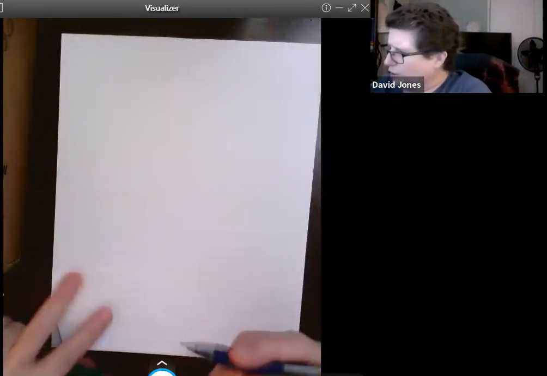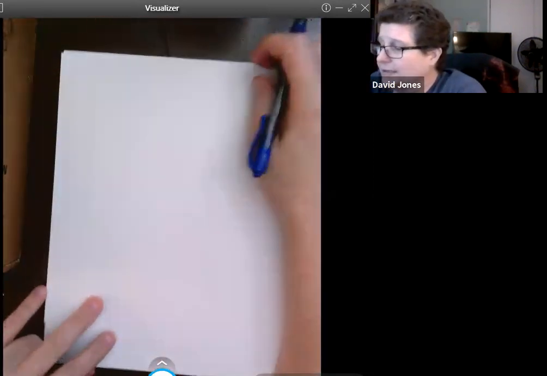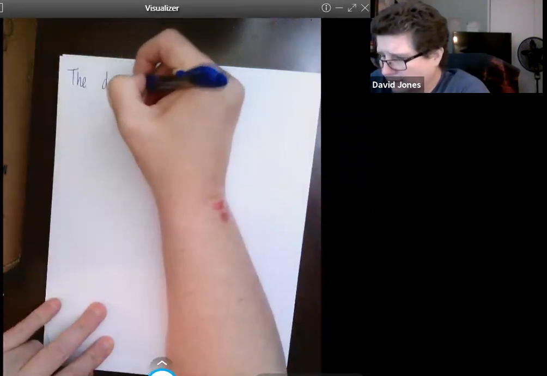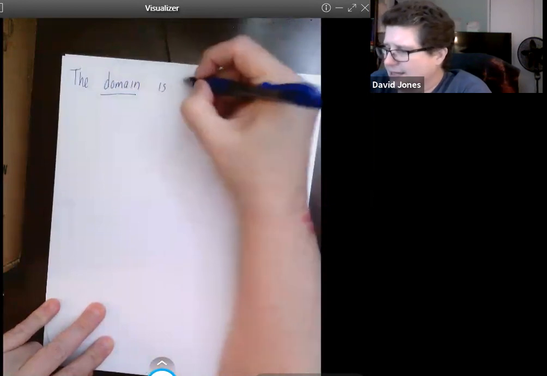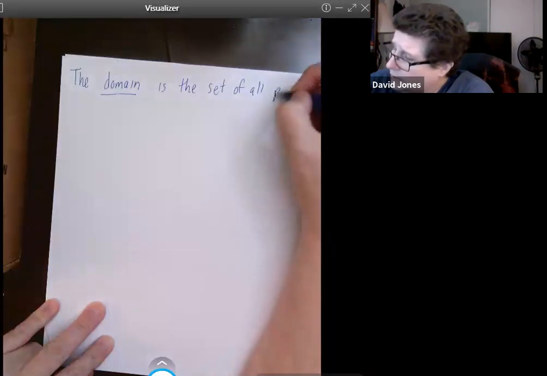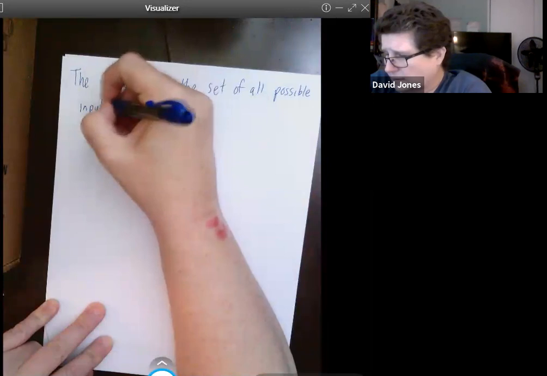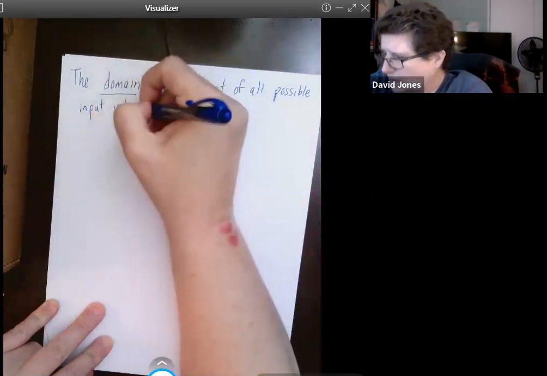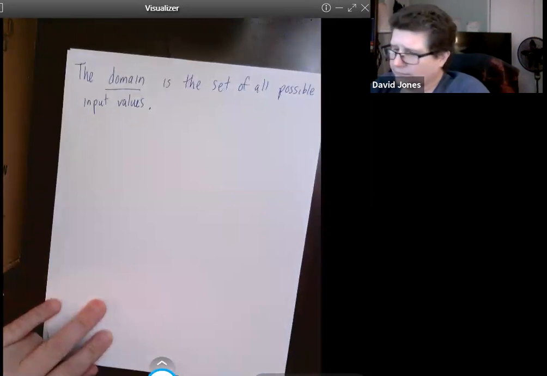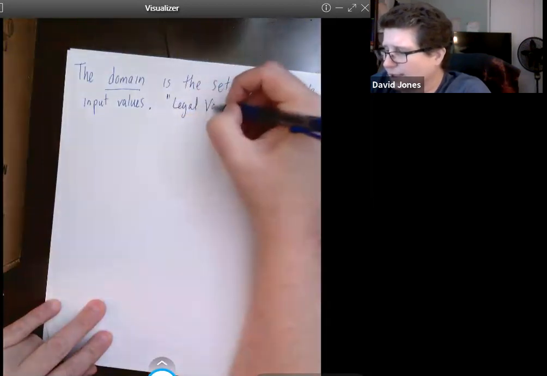All right. So if we look at all the possible input values, they have a name for that. The domain is the set of all possible input values. And what I mean by that is legal values that work.